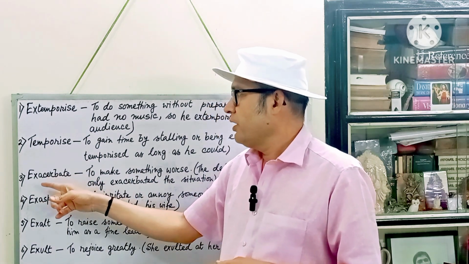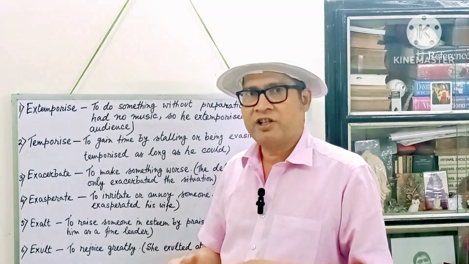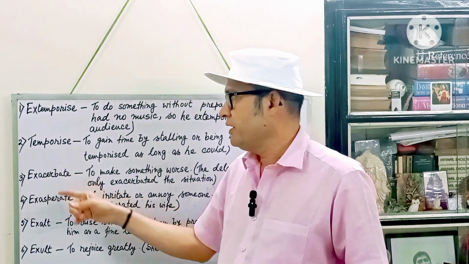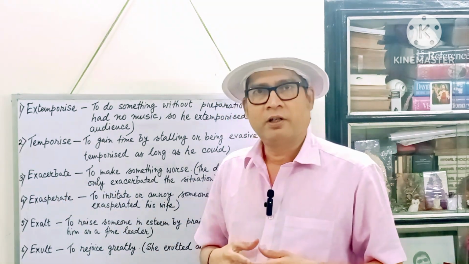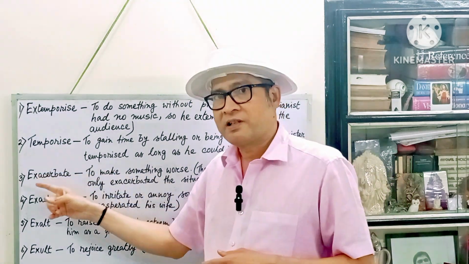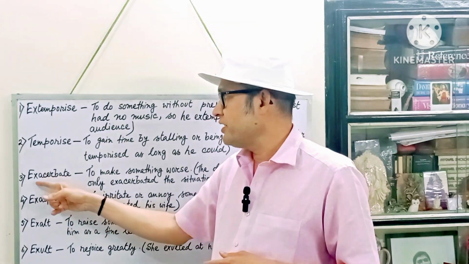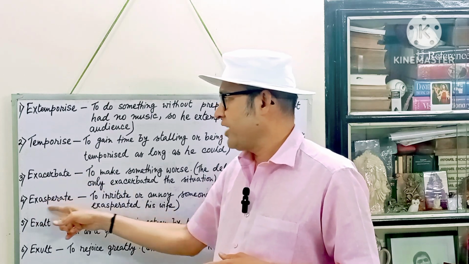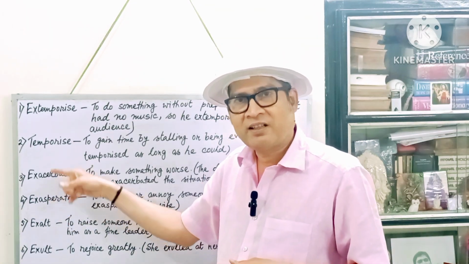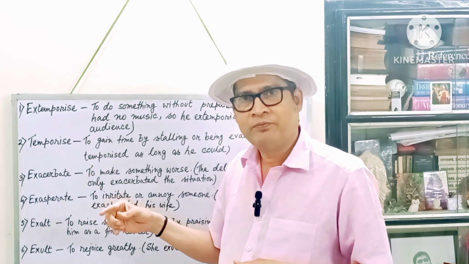Let's move on to number 3. Number 3 is exacerbate. Try to learn the pronunciation first. Exacerbate. Okay? What's the meaning of this word? There are 2 words. One is exacerbate, and another is exasperate. Don't they sound to a certain extent identical?